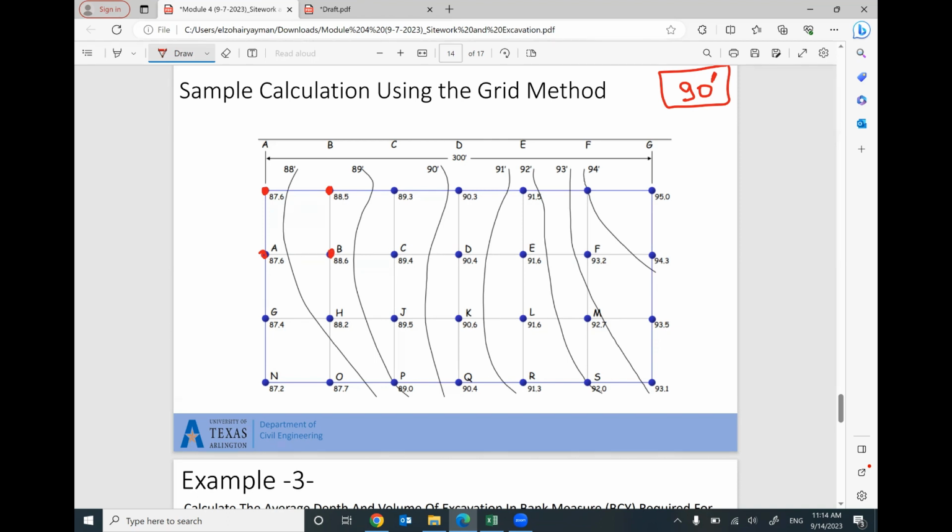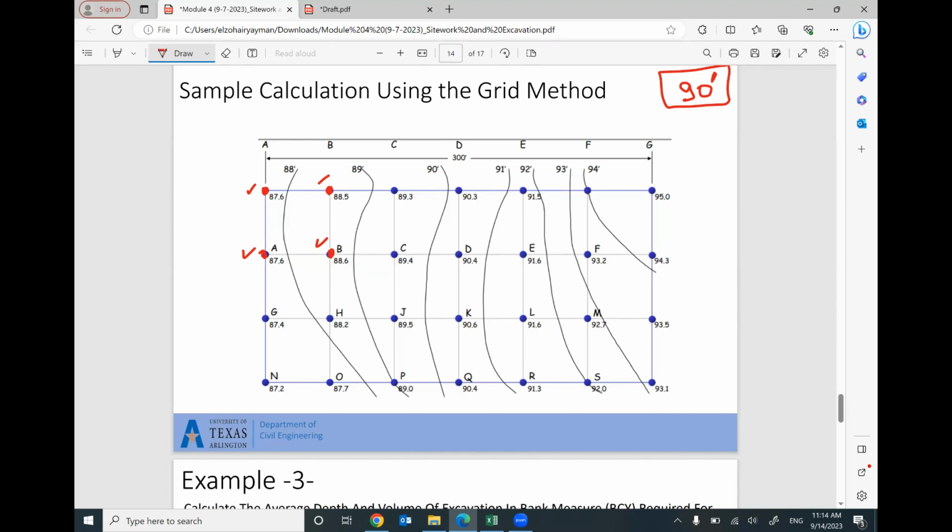I will follow a different option than the one I covered last meeting. I will put these values, which are coming from the surveyor, from the total station record, in Excel. Actually, the surveyor will provide this information to you as a cost estimator as Excel data.